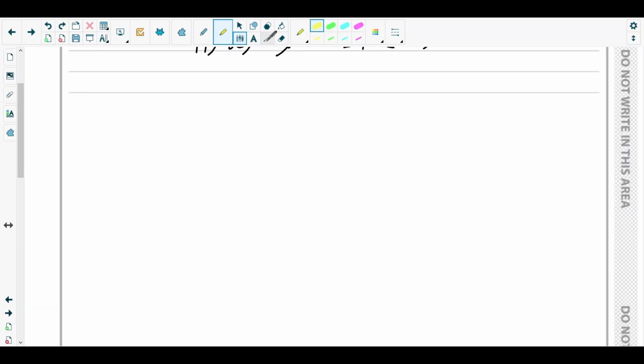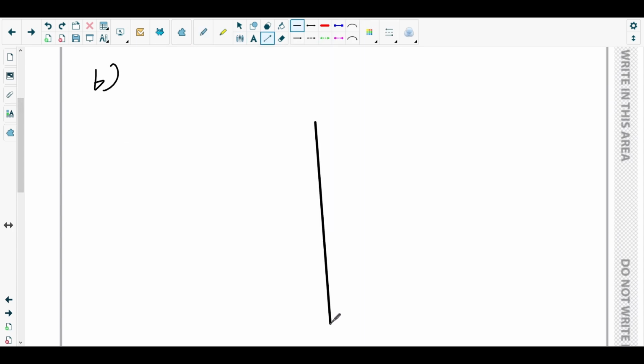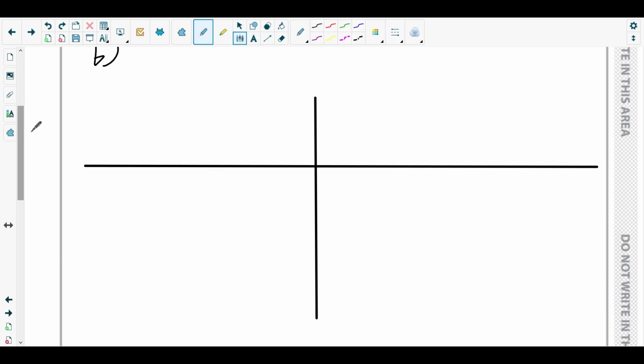Here we will do the sketch. Okay, for part B, g of x minus 2. So let's consider the x coordinates, the labelling along the x-axis. So this is pi over 2, pi, 3 pi over 2, 2 pi.